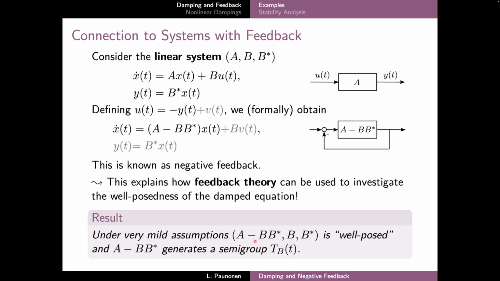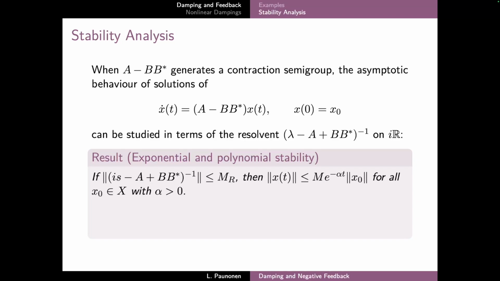And it turns out that under very, very mild assumptions on the original operators A and B, the resulting system obtained from feedback is a so-called well-posed system, and in particular A minus BB star generates a contraction semigroup.